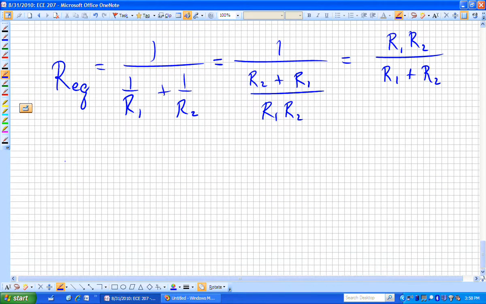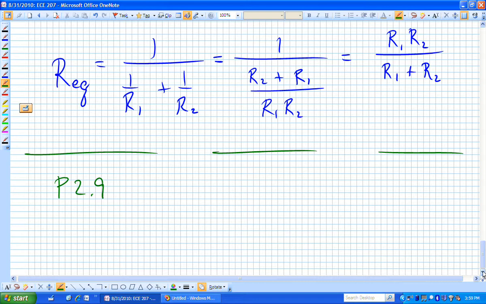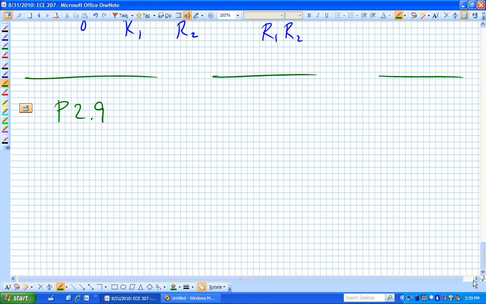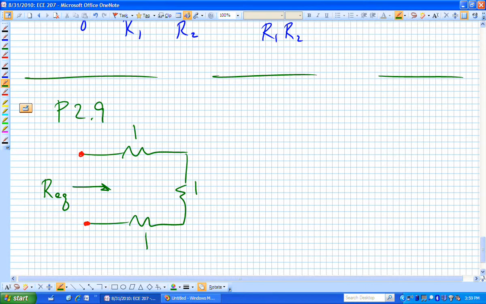Let's then look at a particular problem. Problem 9 in Chapter 2, which says to find the resistance looking into those two terminals. And these resistors are 1 ohm.